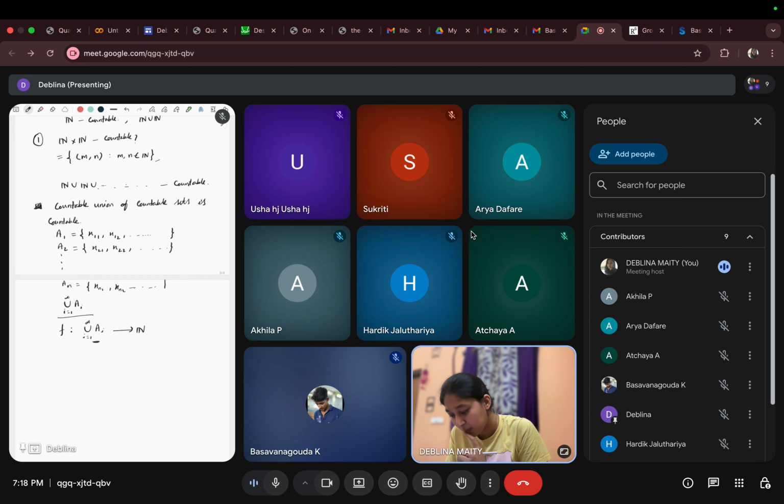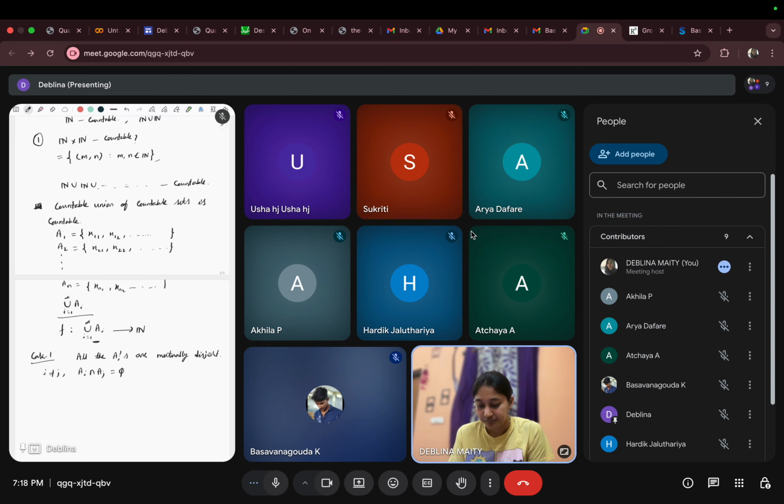So first we have to take two cases. Case 1 is all the Ai are mutually disjoint. Mutually disjoint means if we take any i and j which are not equal, then Ai intersection Aj equals phi.